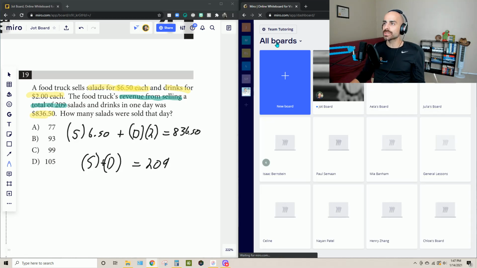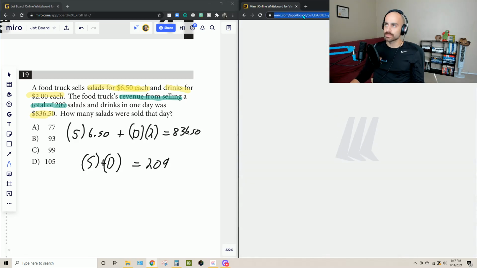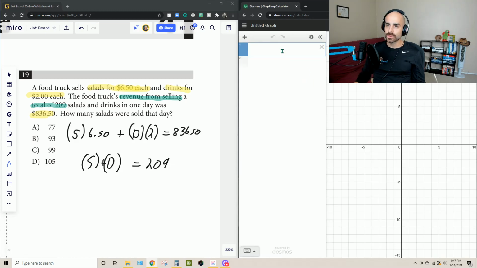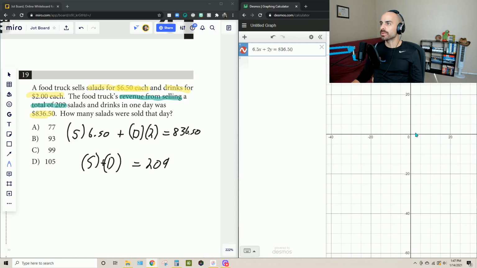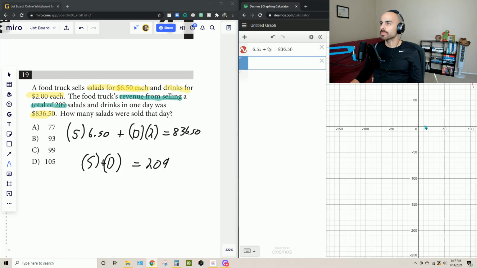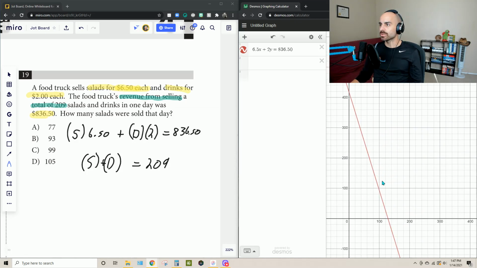All right, so the system here would be, I'll use x for s here, 6.5x plus 2y equals 836.50. I don't have to put it in slope-intercept form. The calculator is going to be able to do that for me. So look, it already graphed the line for me on my graphing calculator. Some of yours should be able to do that as well.